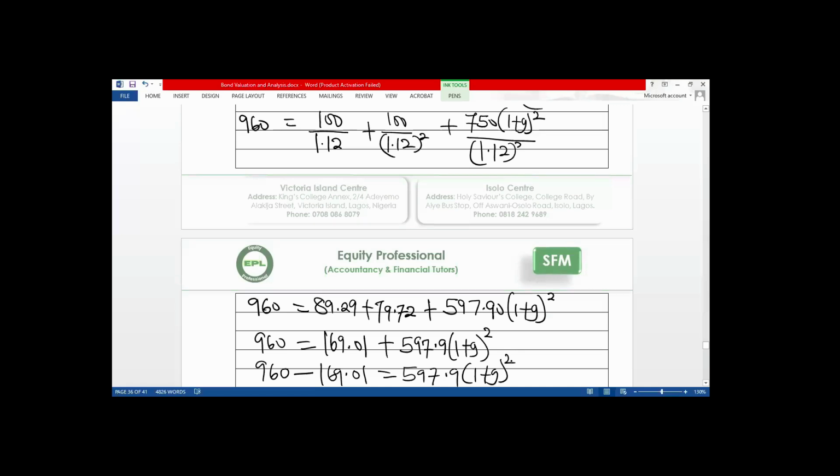Then we can get that 960 minus 169.01. What do we have, please?